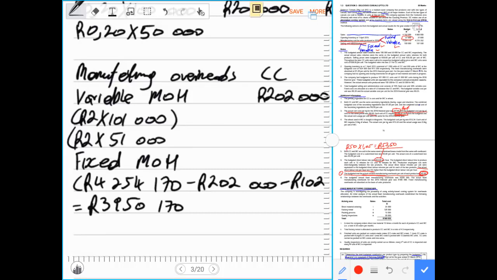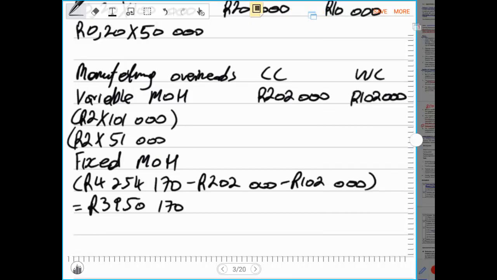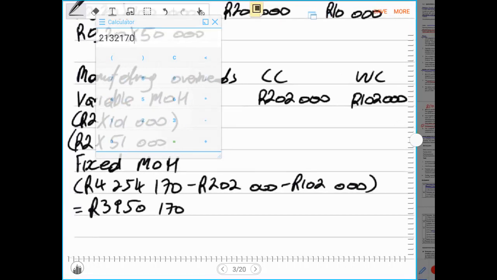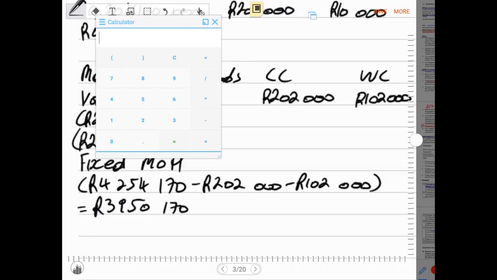That will be the fixed portion of my budgeted manufacturing overheads, since I am not told how to split this budgeted manufacturing overheads. I just have to deduct only the variable portion from the 4,254,170 minus 202,000 minus 102,000.